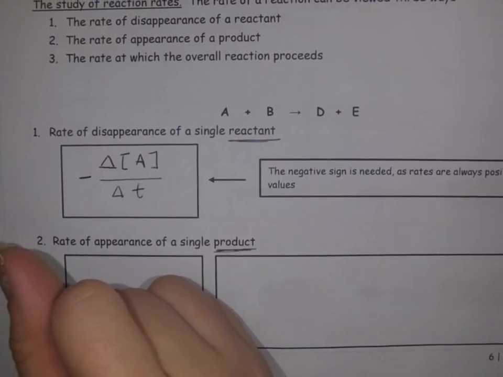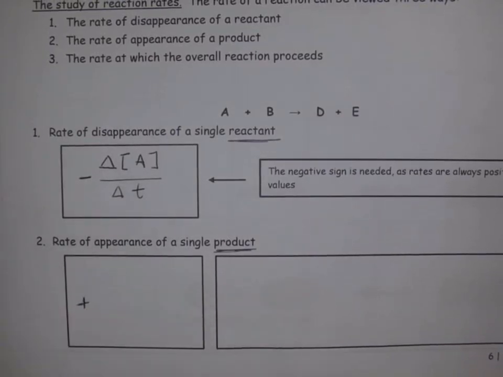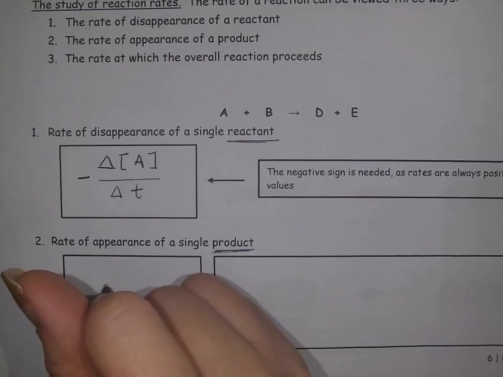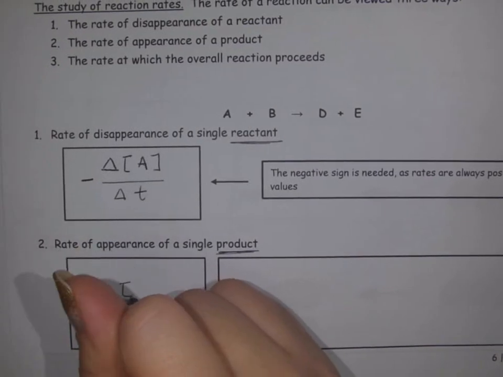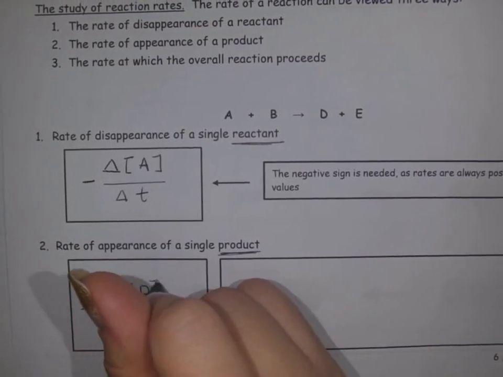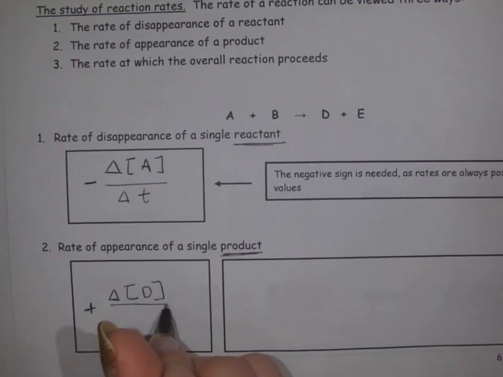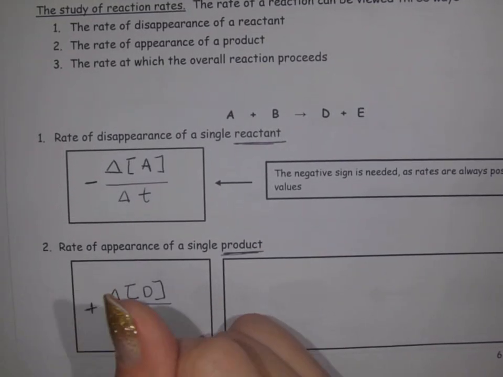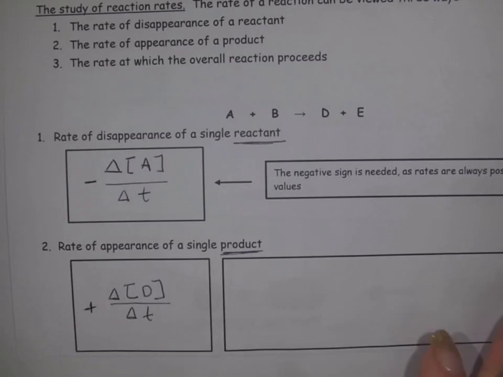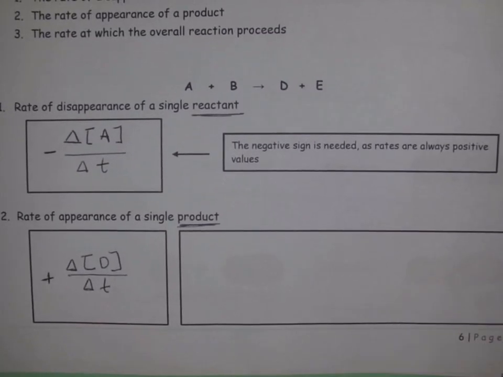So if I want to talk about the rate of appearance of a product, we would be increasing in our change in concentration. Again, I'm just picking one of them over our change in time. Okay.